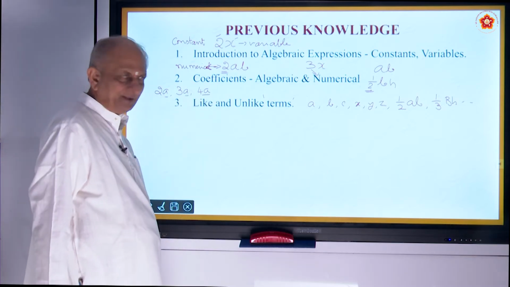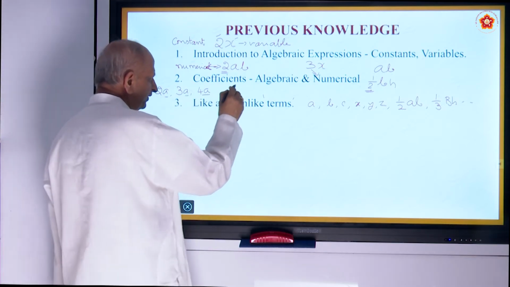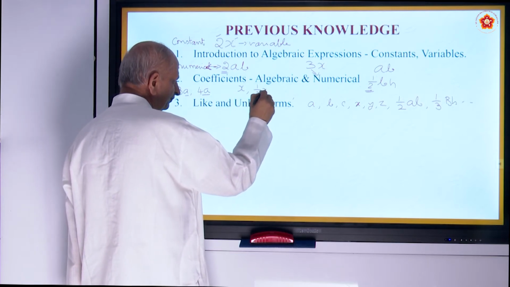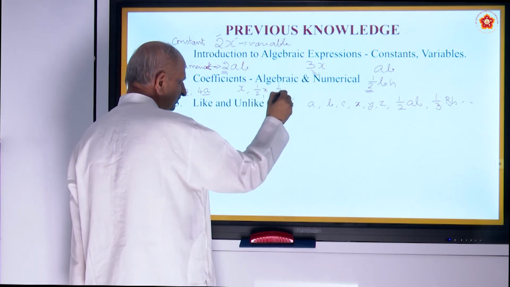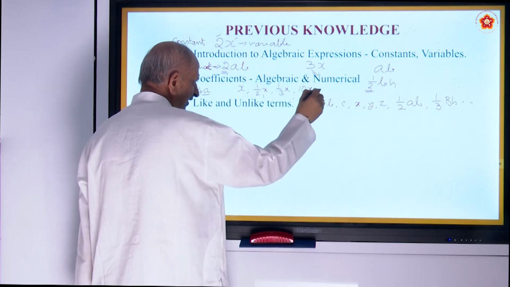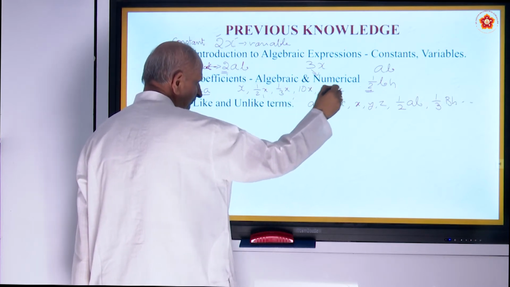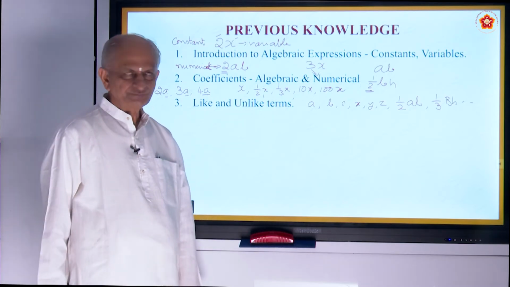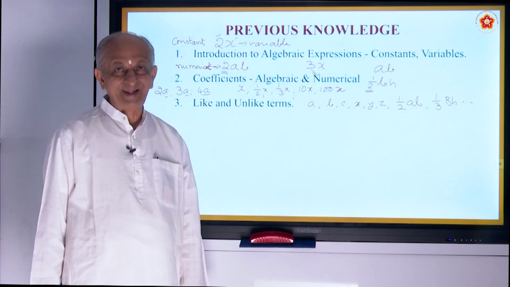They are called like terms. Similarly, if you take x, half x, 1 by 3x, and then 10x, 100x, anything like that, here in all of them x is common. Therefore, we call them like terms.